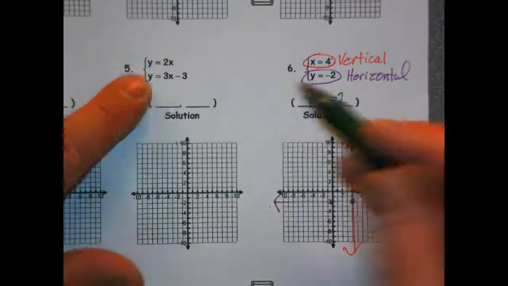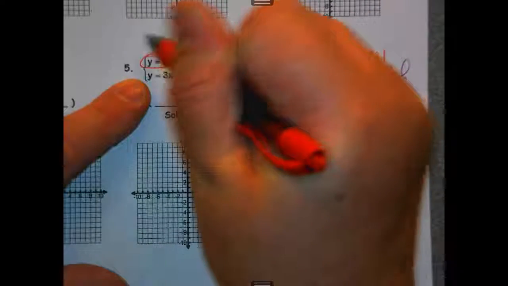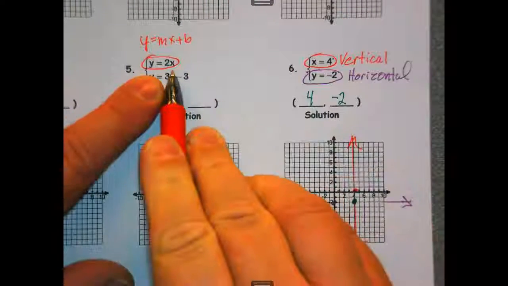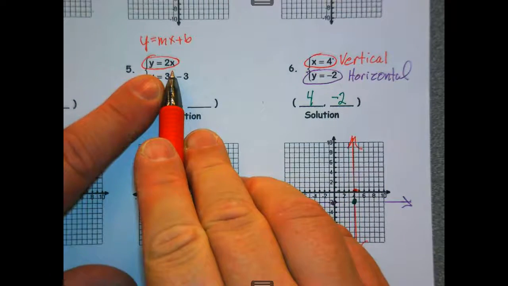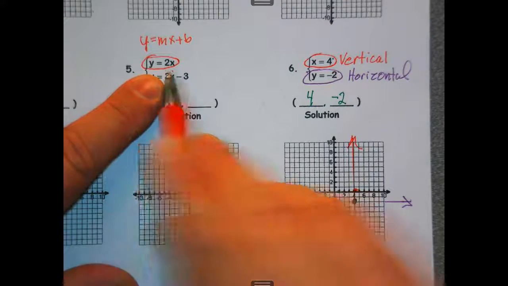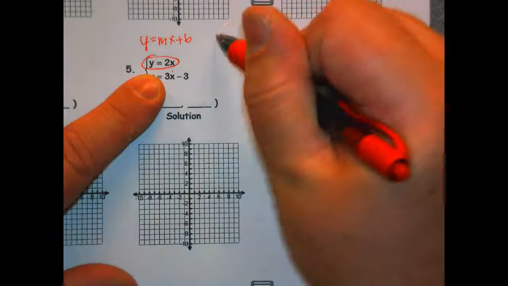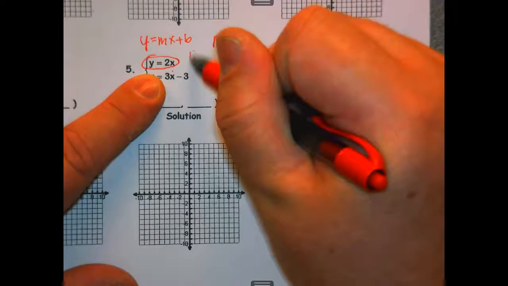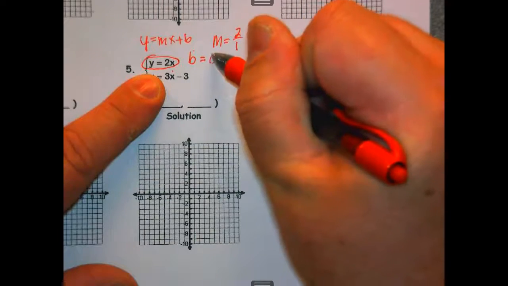Like number 5, remember, it's y equals mx plus b. What's my b in the top equation? What are we adding to the... Well, that's my slope, right? Slope is 2/1, but what's my b? Yeah, we're adding 0 to this.